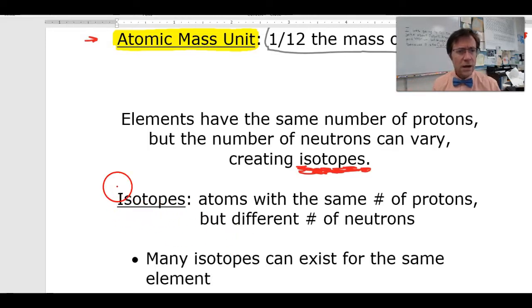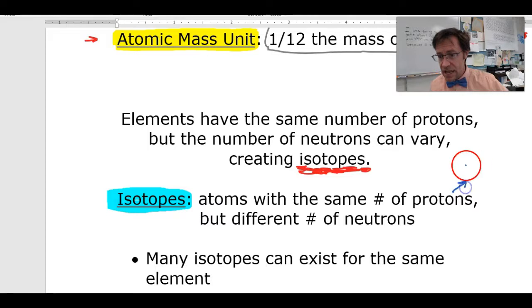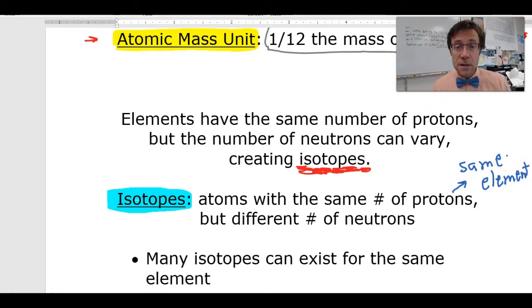So what exactly is an isotope? Like I said before, an isotope is an atom with the same number of protons. This means same element. If it has the same number of protons, it's the same element, because you remember the number of protons identifies the element, but it has a different number of neutrons, and because of that, it will have a different mass.